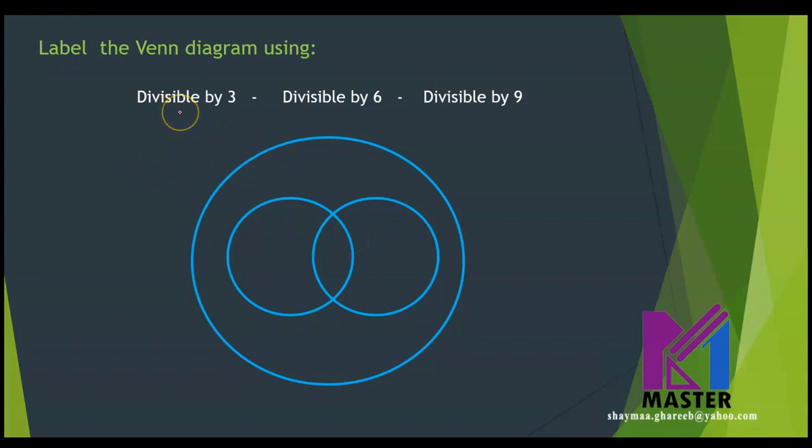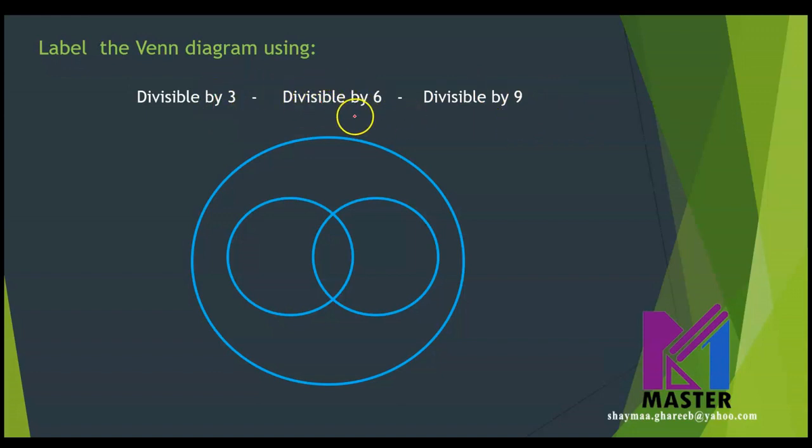Let's check divisibility. Any number that is divisible by 3 should also be divisible by 6 and divisible by 9? No. If the number is divisible by 6, could it be divisible by 3? And 9, it could be divisible by 3.